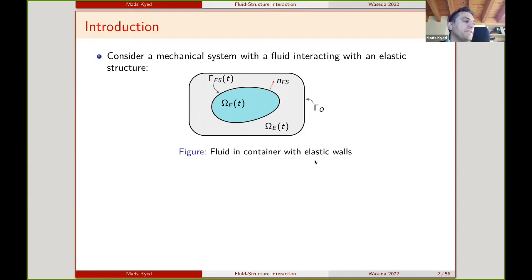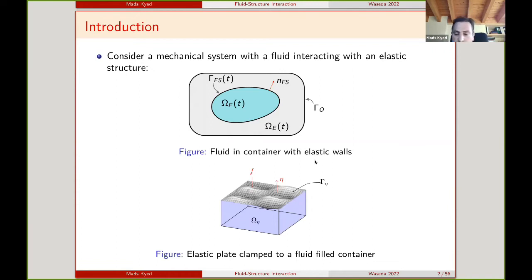You determine the geometry by solving the equations governing the motion of the elastic material, because those equations will give you the deformation, and then you know the unknown geometry, and of course you're also interested maybe in properties of the fluid flow. Anyhow, so this is one example.